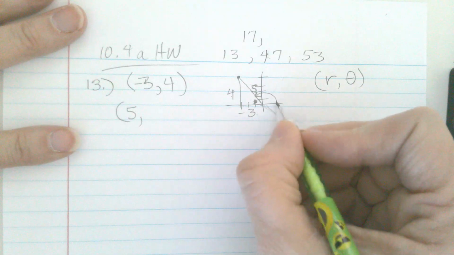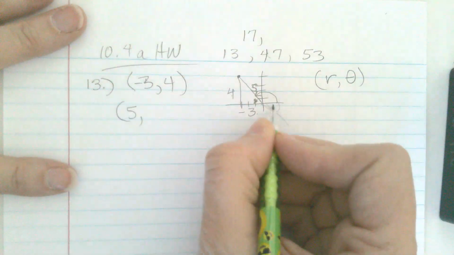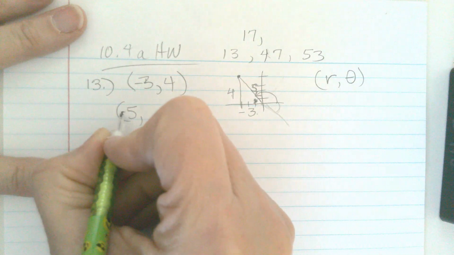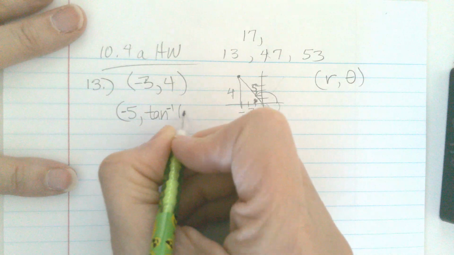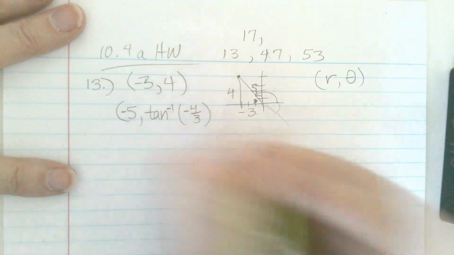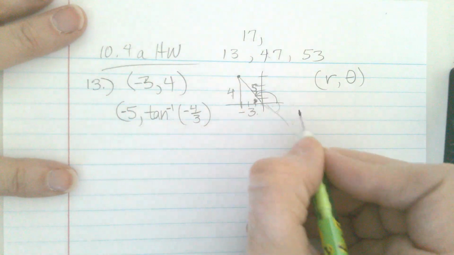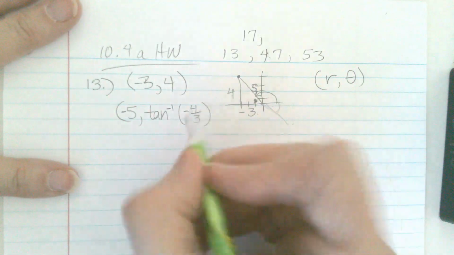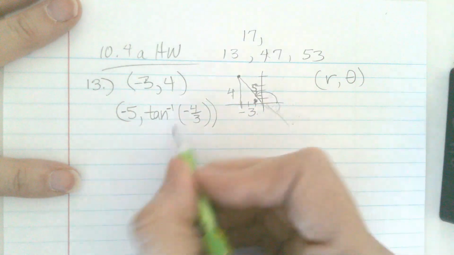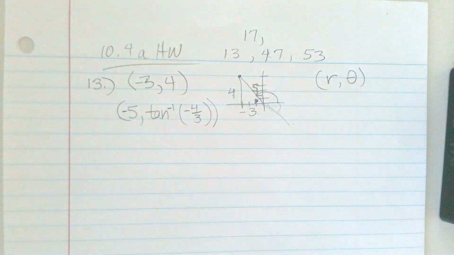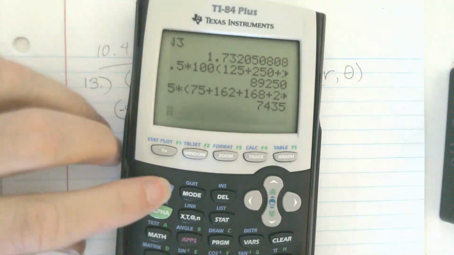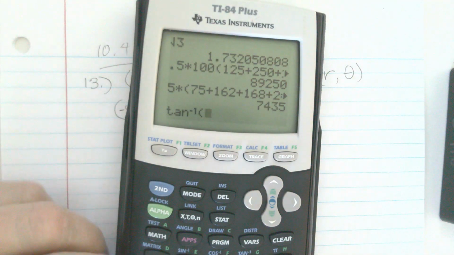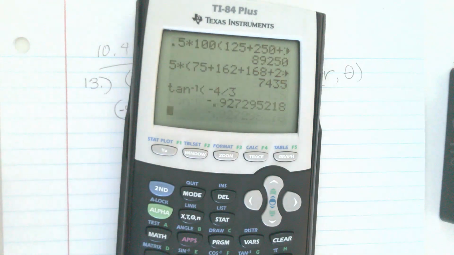So I guess I could go arctangent of negative 4/3, because that is the angle that has a tangent, opposite over adjacent. The problem is, if I plug this angle into my calculator, will it be an angle between 0 and 2 pi? Nope, it's going to be negative, right? Arctangent negative 4/3 is some negative point.